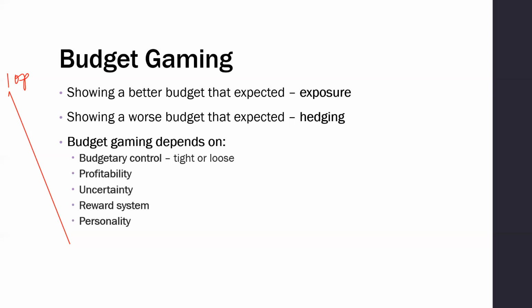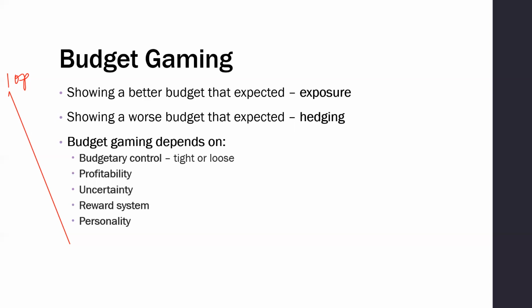And since they know the details, they can game the budget, right? So there should be mechanisms for top level management to be able to determine whether the budget proposal is being gamed. Okay? What is the control mechanism of top management with respect to budget gaming? Finance people or the controllership people.